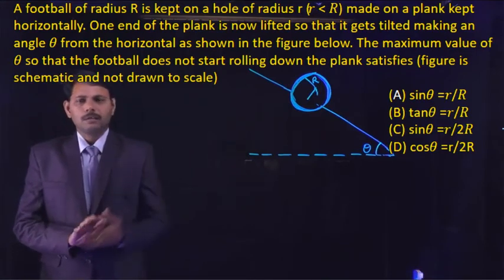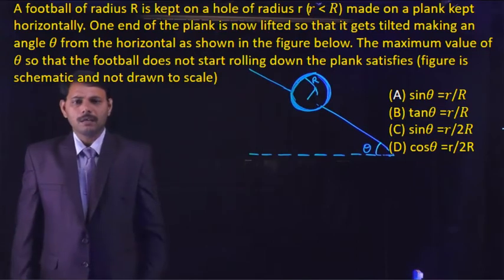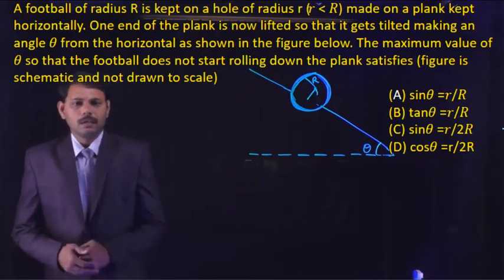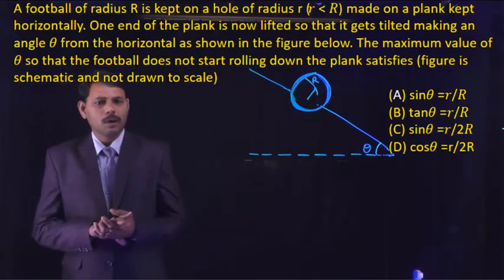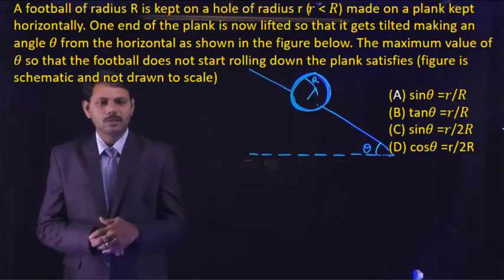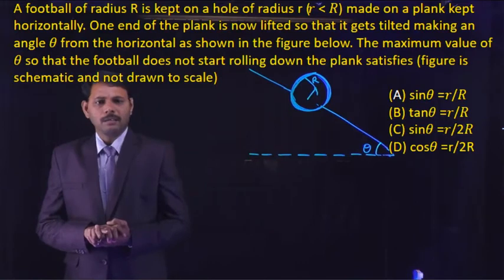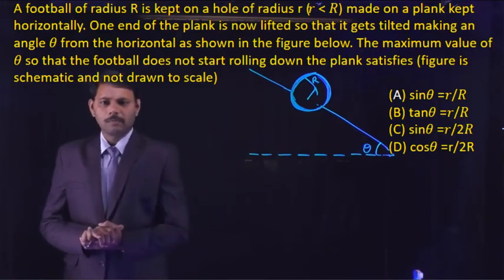A football of radius capital R is kept on a hole of radius small r, made on a plank as shown in the diagram, kept horizontally.